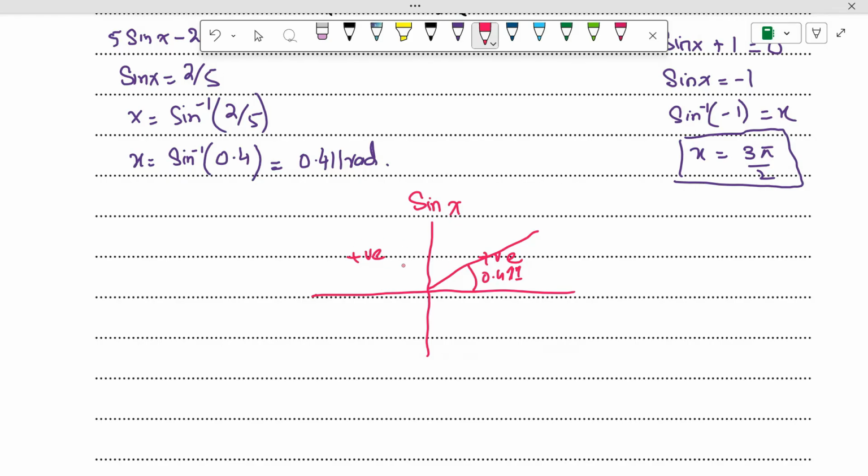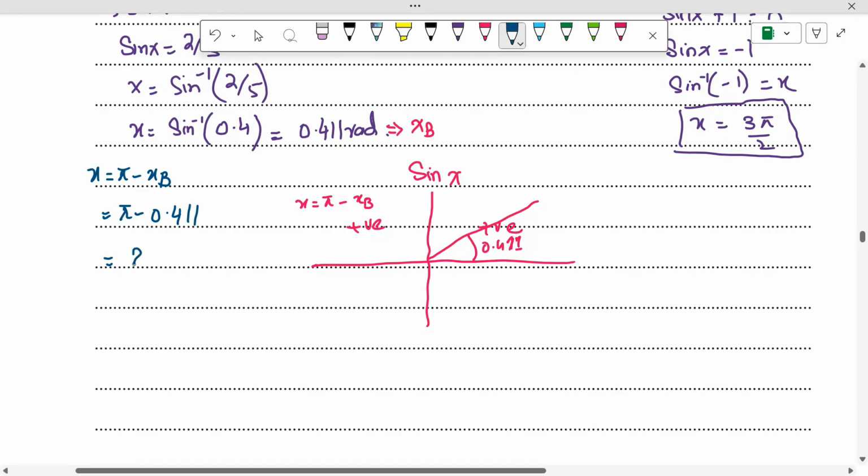We need to find the angle in second quadrant, so we can find it by using the formula x is equal to pi minus x base. We already have the base angle, which is the angle in first quadrant. So the second x is equal to pi minus x base, and this one is equal to pi minus 0.411, which is equal to 2.7007.